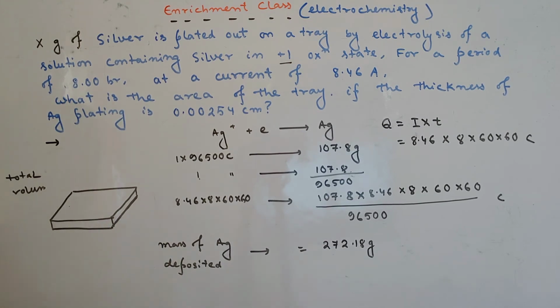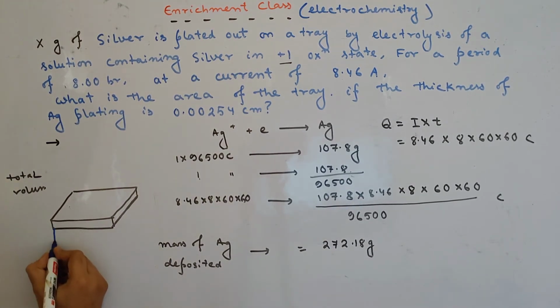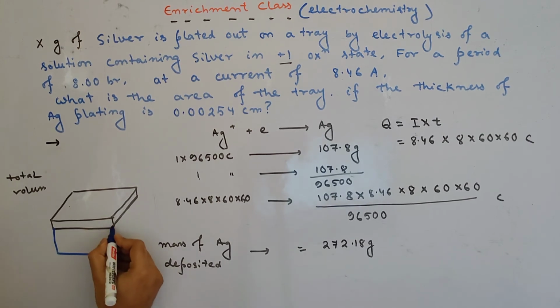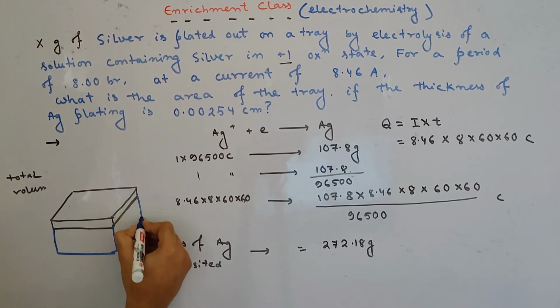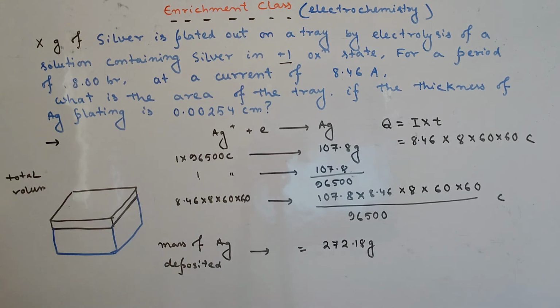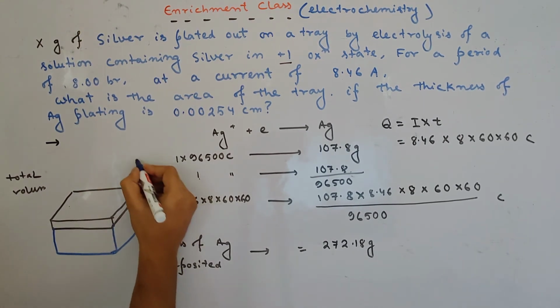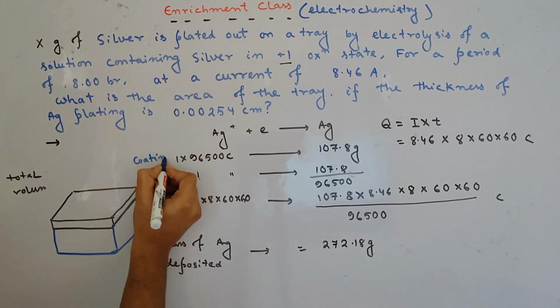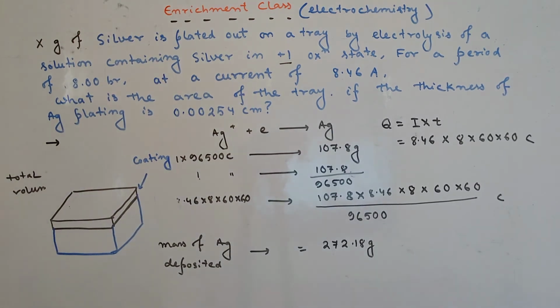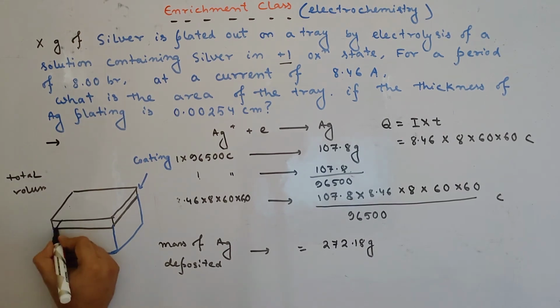Suppose this is how the tray looks, and the black part is the coating. This simply means that this part is the coated area.